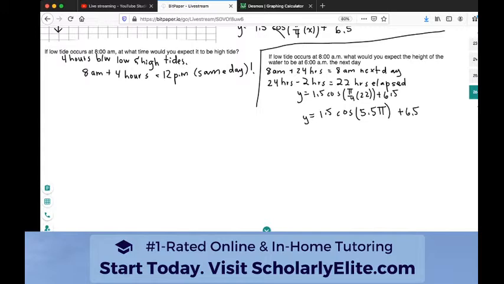So make sure you're pressing your mode button going to radians, and you go cos of 5.5 pi, which is 0. So 1.5 times 0 plus 6.5, and then you just get 6.5, and that means that the height is going to be approximately 6.5 meters.